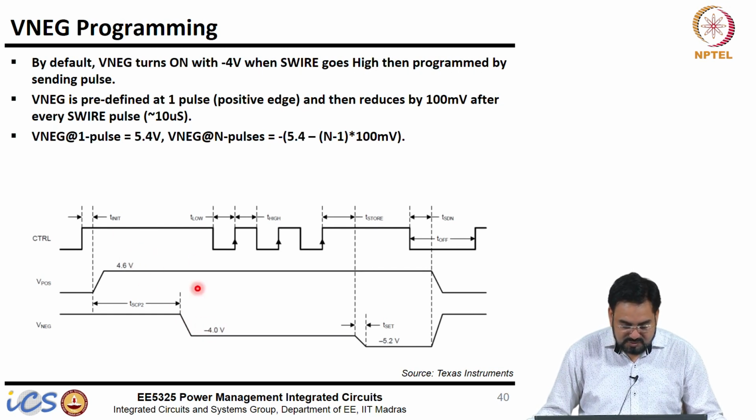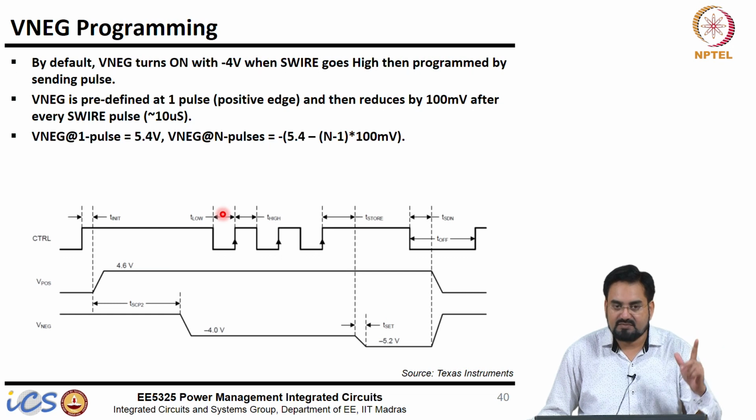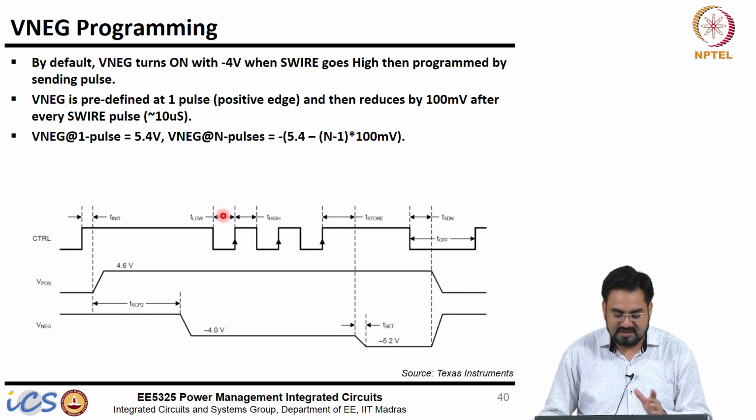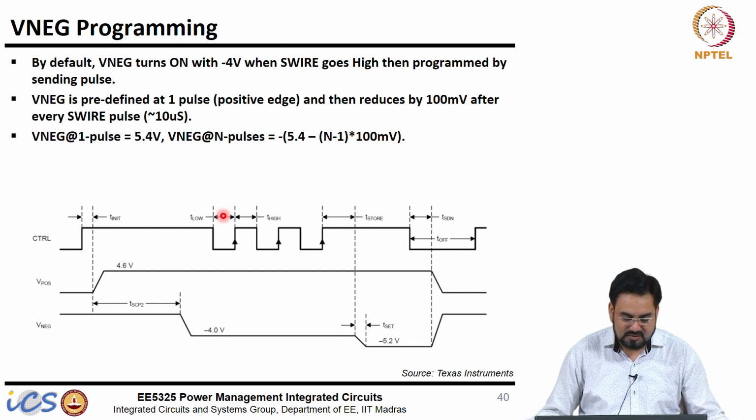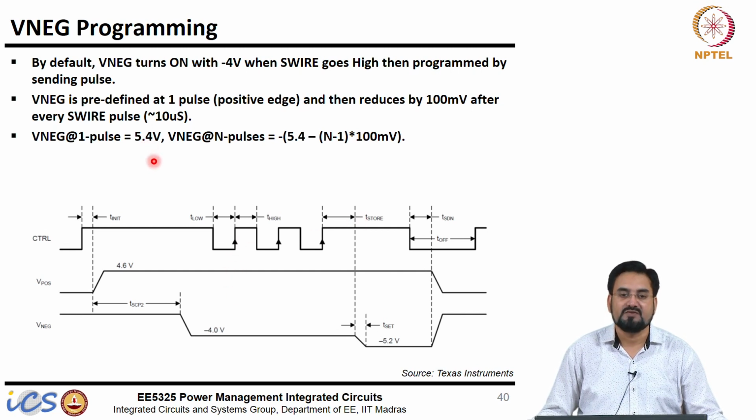So, then if you send one pulse, then one pulse is already prefixed. I mean, in hardware this programming is done. So, one pulse is already programmed to minus 5.4 volt. So, when you send only one pulse and you keep it high after that, which means you basically lapse this 30 microsecond time, it will go to minus 5.4 volt.